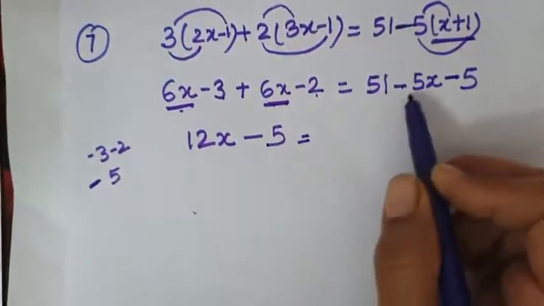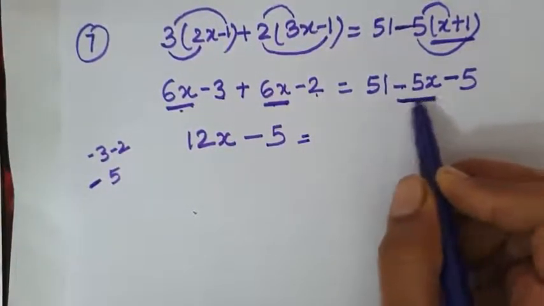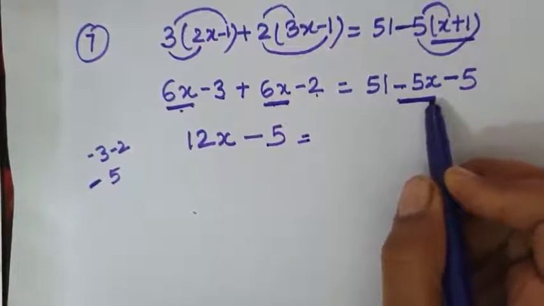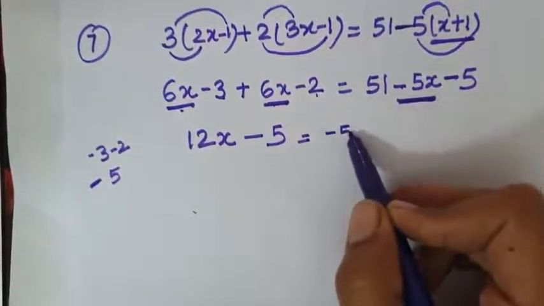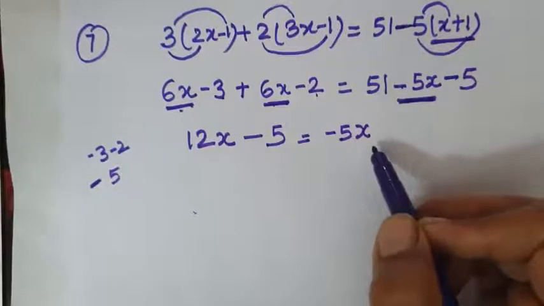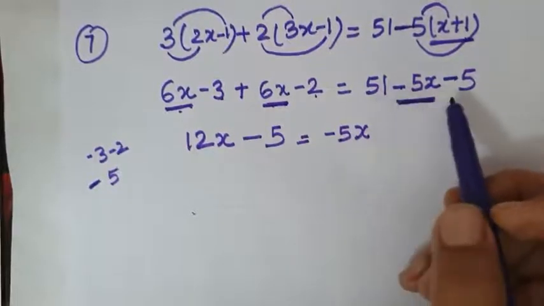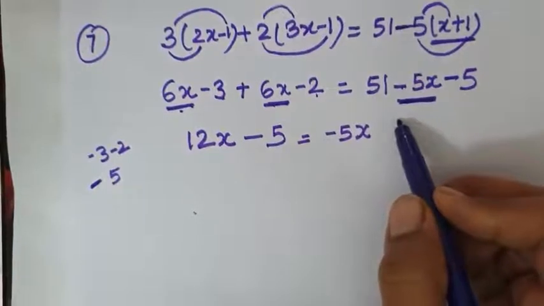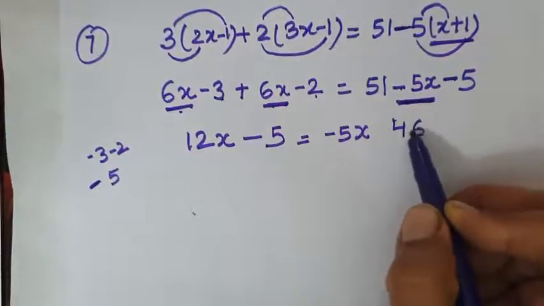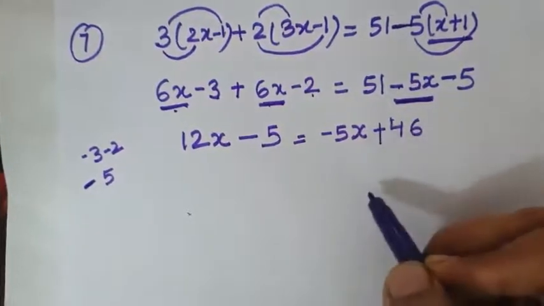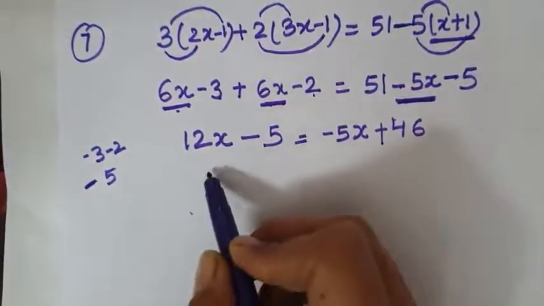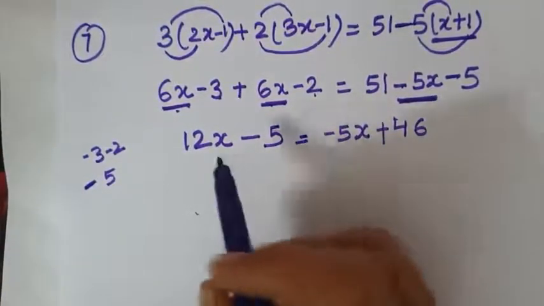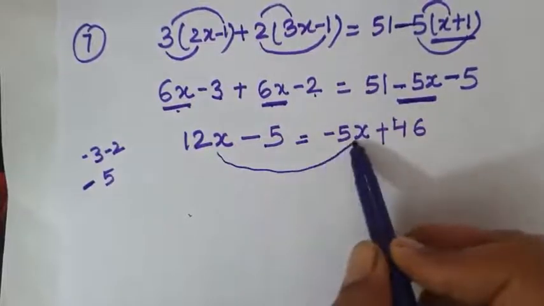Now this is the only term present containing variable, so we will write it. Now 51 minus 5, that is 46 plus. So now combine the terms having variable.